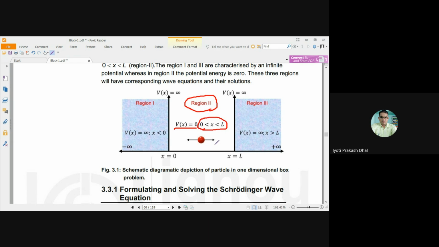The particle will be found in region 2. And on the wall, for region 1, the particle cannot reach the wall and also cannot move outside the wall. And hence, on the wall and outside the wall, that is for region 1 and also for region 3, the potential energy is considered to be infinite.